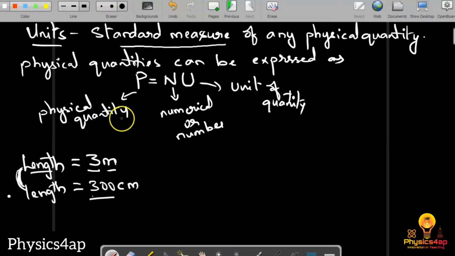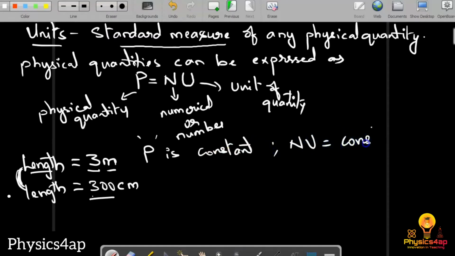So the magnitude of a physical quantity does not change with the choice of unit. That means P, that is the physical quantity, is constant, then nu is also constant.